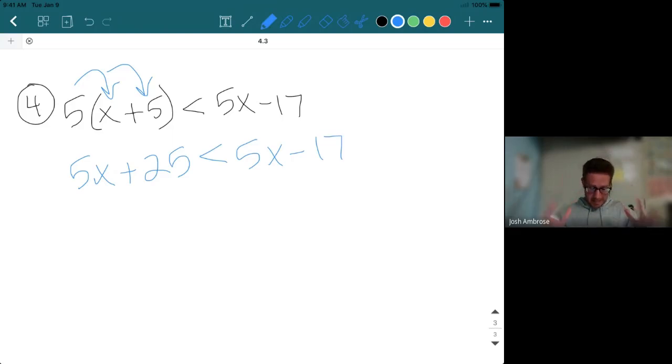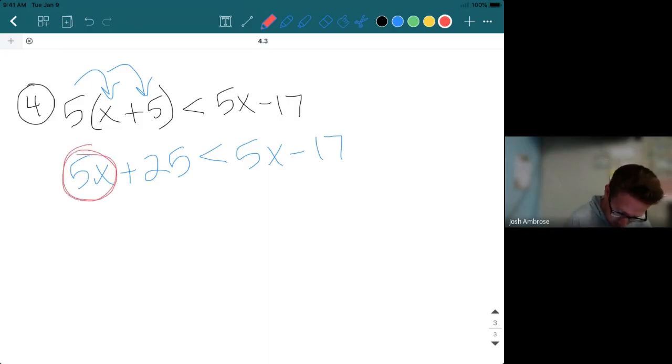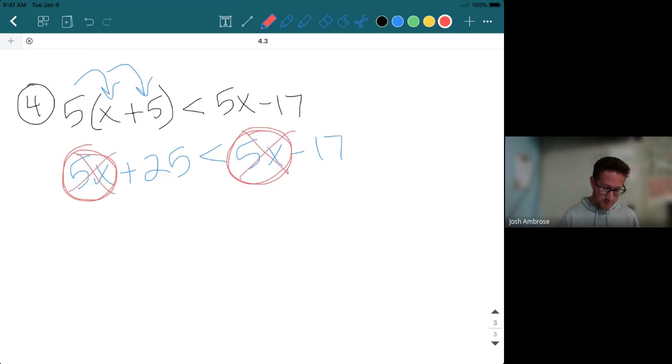Okay, now again, you should have that bell going off in your head. I see a 5x on one side. I see a 5x on the opposite side. Both same coefficient, same variable. So that means these guys right here, identical, opposite sides, will cross each other out. All right? They will cross each other out.